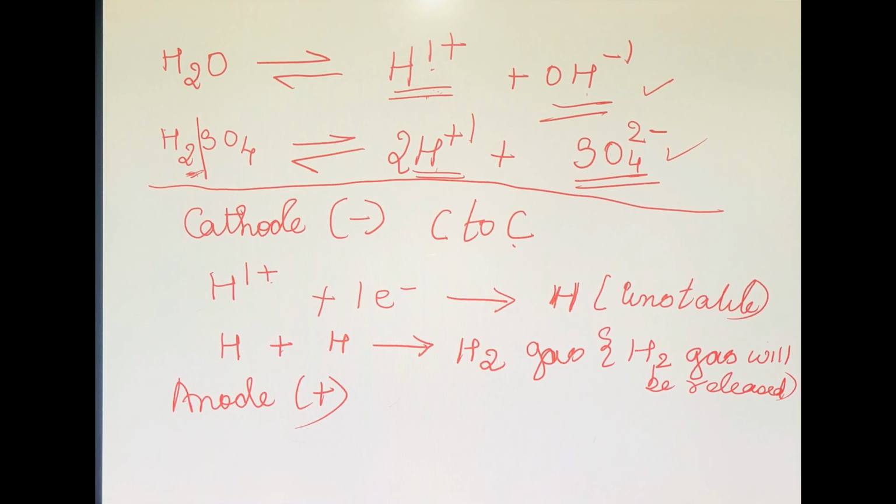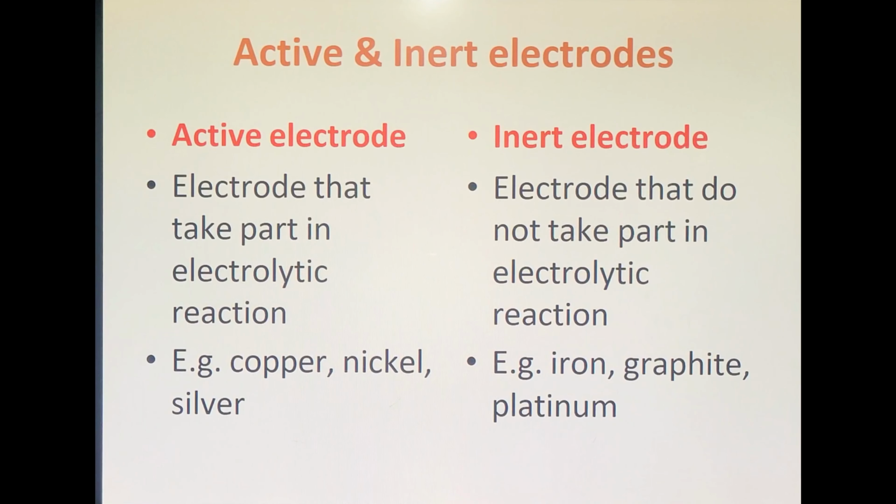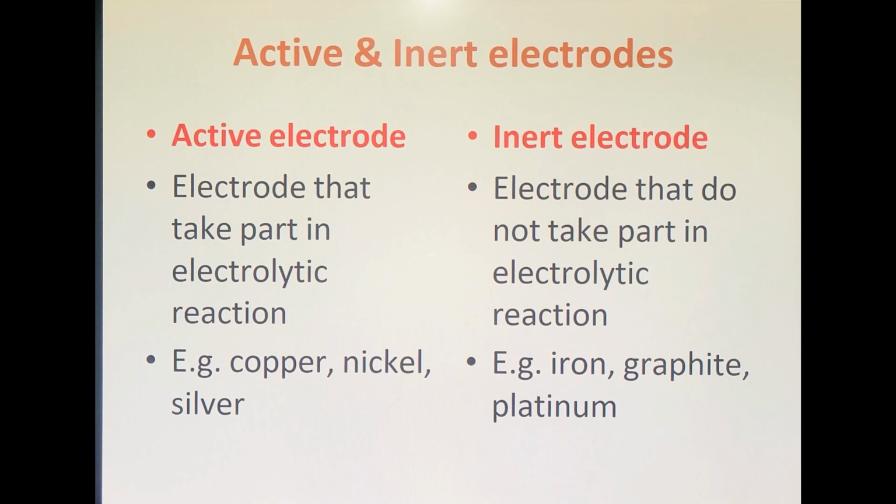Both will run, but only one of them will get discharged. Now who will decide this? This will be decided by the electrochemical series of anions. Do you remember the electrochemical series of anions? So can you tell me which one will be discharged here? Of course, it will be the hydroxide.